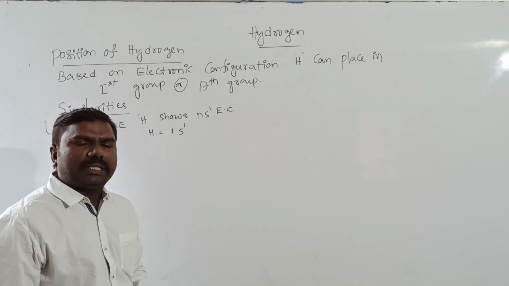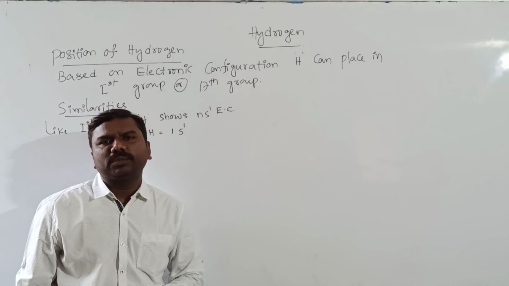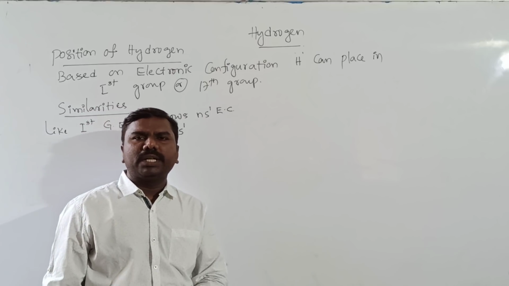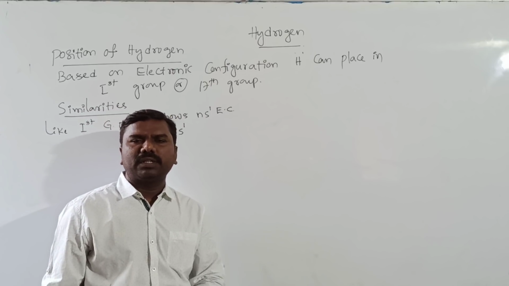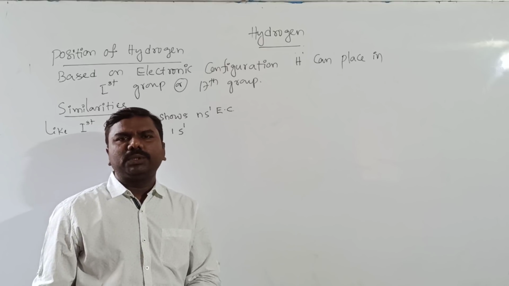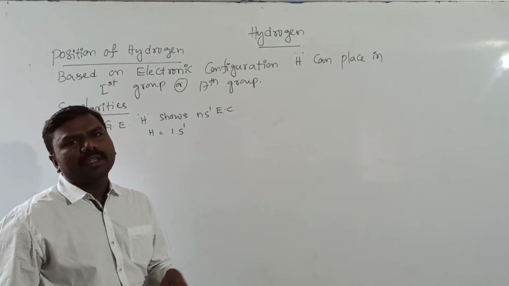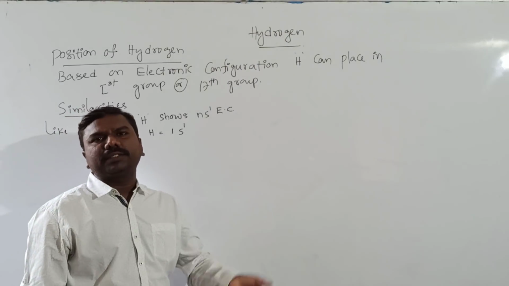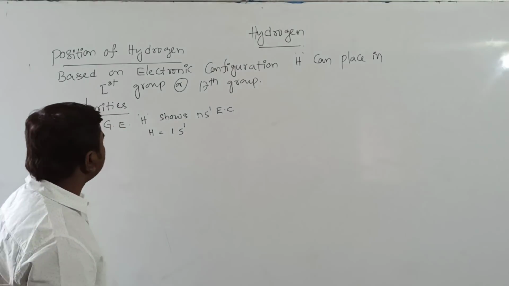Similarly, first group elements, sodium, potassium, rubidium, their configuration also ns1, like 2s1, 3s1, 4s1, 5s1. Lithium 2s2, 2s1, 3s2, 2p6, 3s1, sodium, like that.